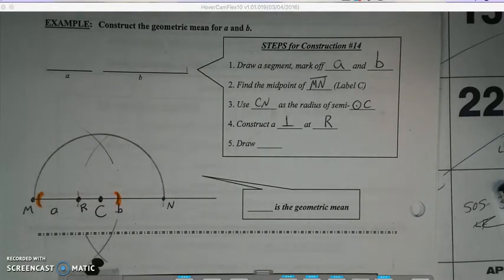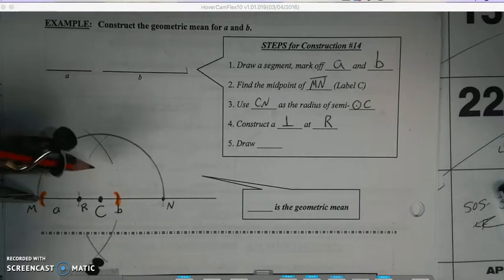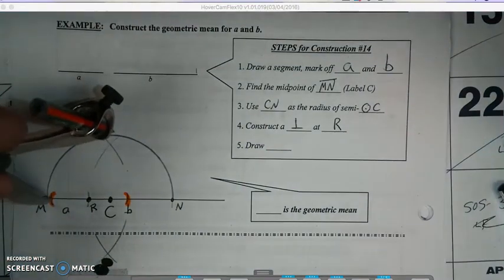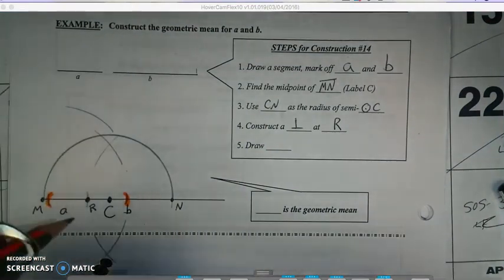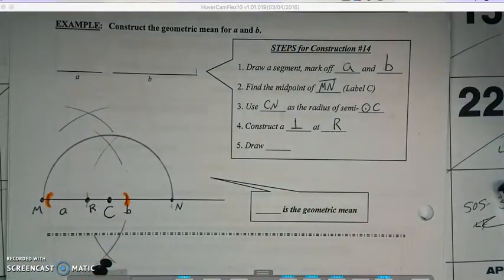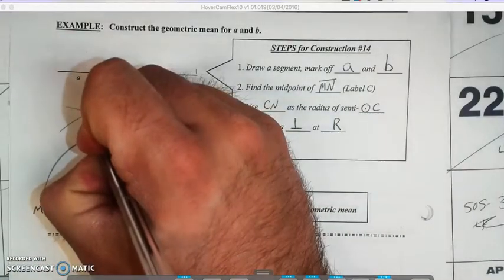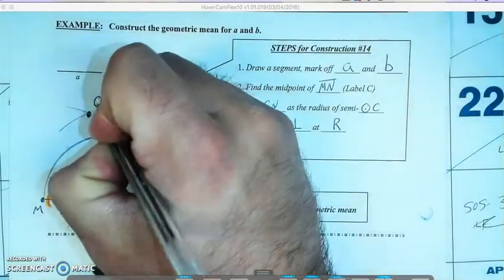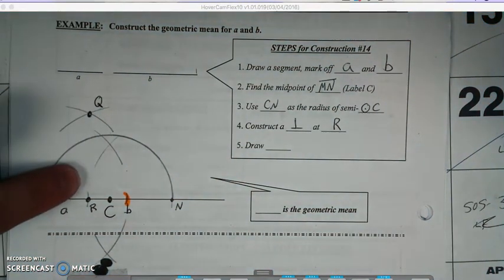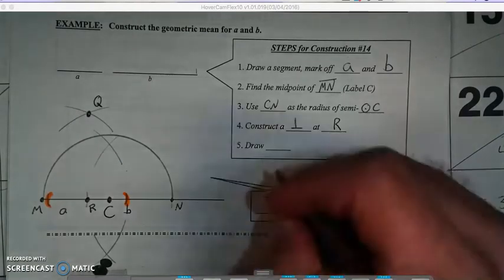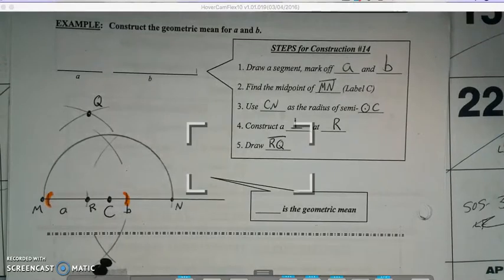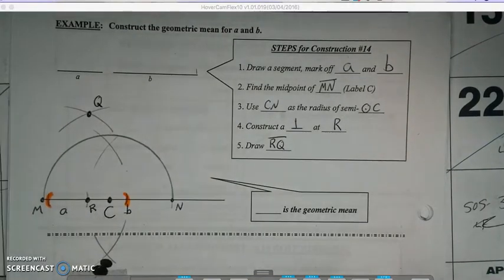Taking those two arcs, we're going to open our compass up to more than half, actually pretty wide, and make arcs up above. Let's call this point Q. So point Q up above and point R that we just used will form a perpendicular segment. So we have drawing segment RQ.